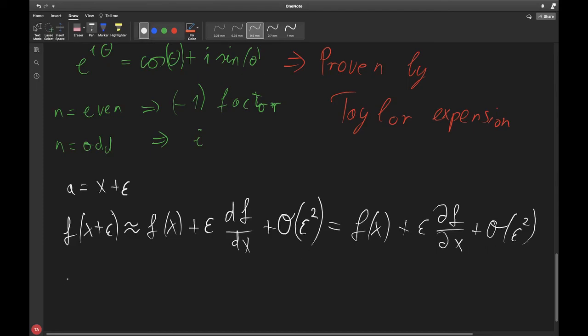Let's move in the direction of what if I have more coordinates? That's very relevant in physics. We don't have just one coordinate in physics when we discuss space-time or something like that.